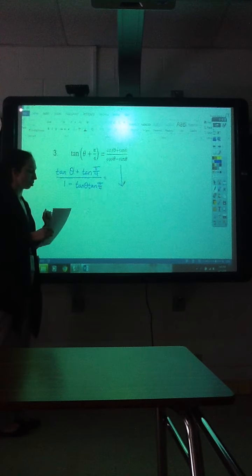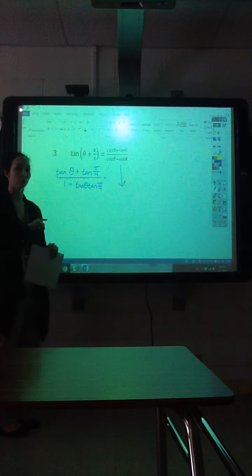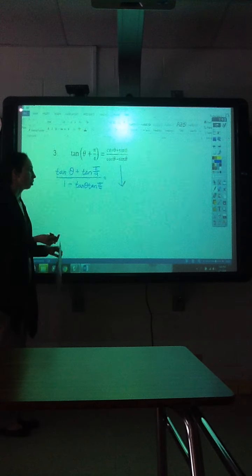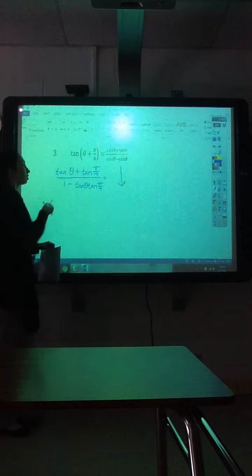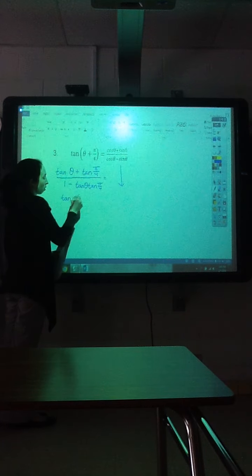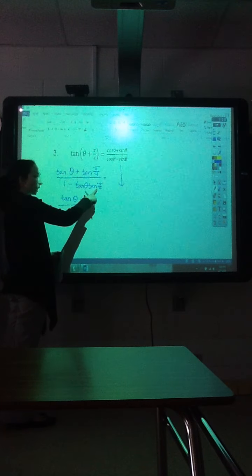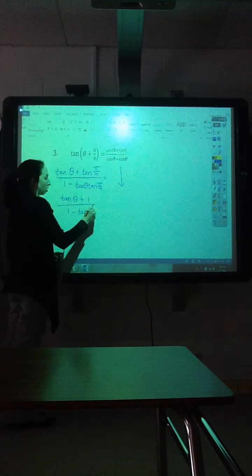The first thing you're going to do is figure out what the tangent of pi over 4 is. Now from the 45, 45, 90 triangle, tangent is opposite and adjacent. In that triangle, both are 1. So 1 over 1 here, I end up with tangent theta plus 1 on top. And on the bottom, if that's 1 again, then I have 1 minus tangent theta on the bottom.